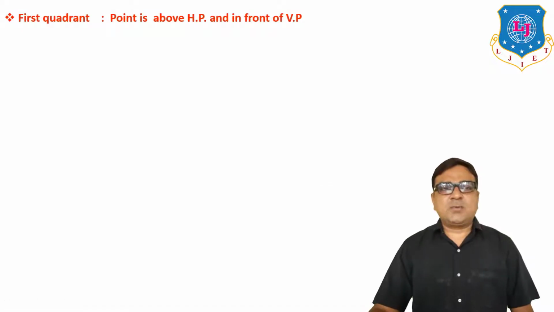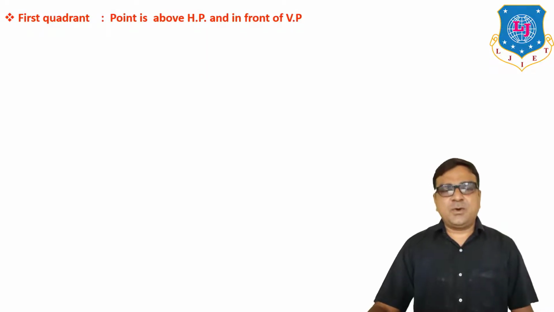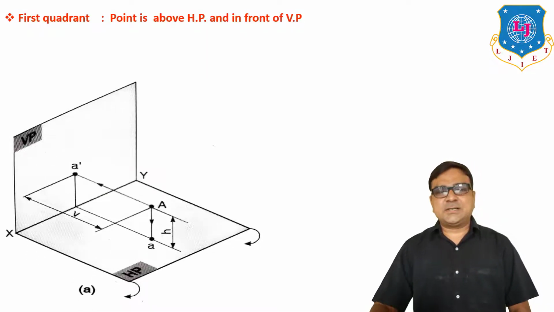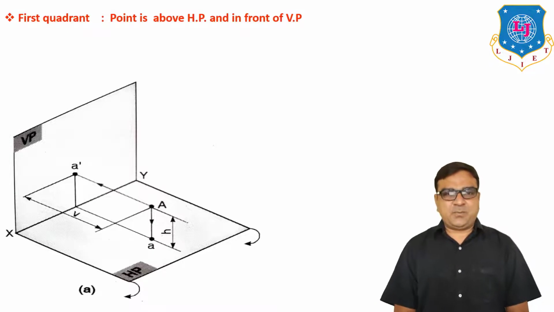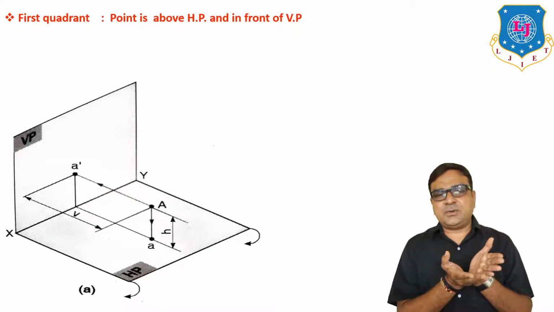Now let us see one by one the exact projection of the point when the point is in different locations. Our first case is when the point is above HP and in front of VP. In this object, you can see one horizontal plane and one vertical plane, both intersecting perpendicular to each other.